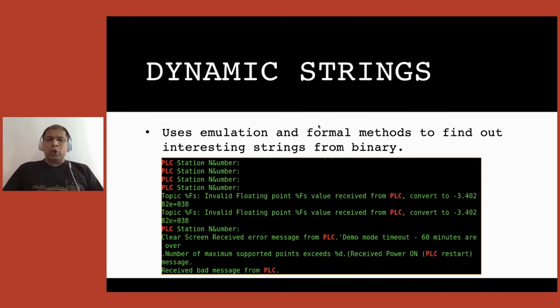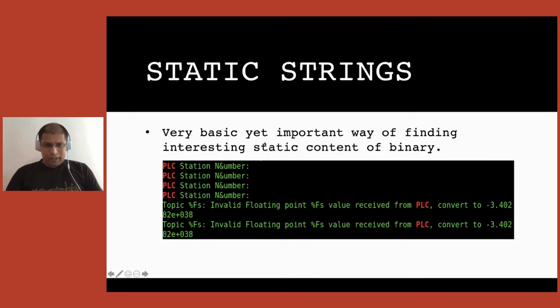Dynamic strings. Here what we are trying to do is emulate that particular binary's behavior in a terminal and see how it might produce a different set of strings apart from static strings. If you see the output in this screenshot, there are 1, 2, 3, 4, 5, 6 entries.